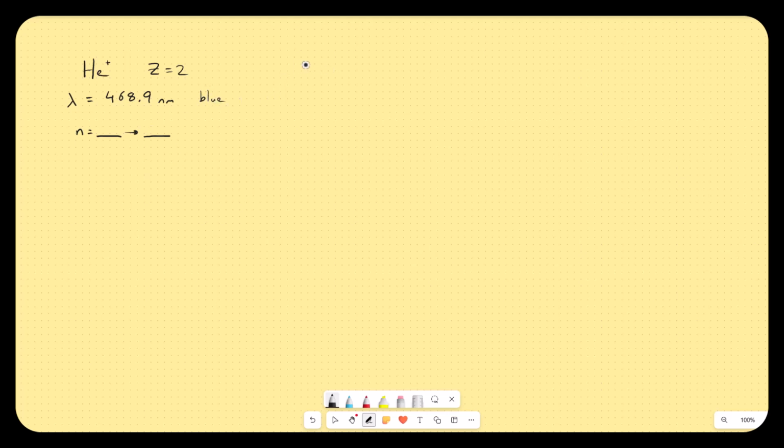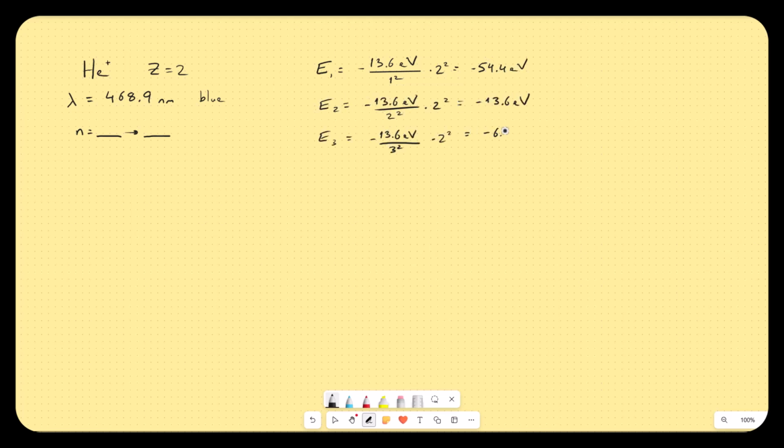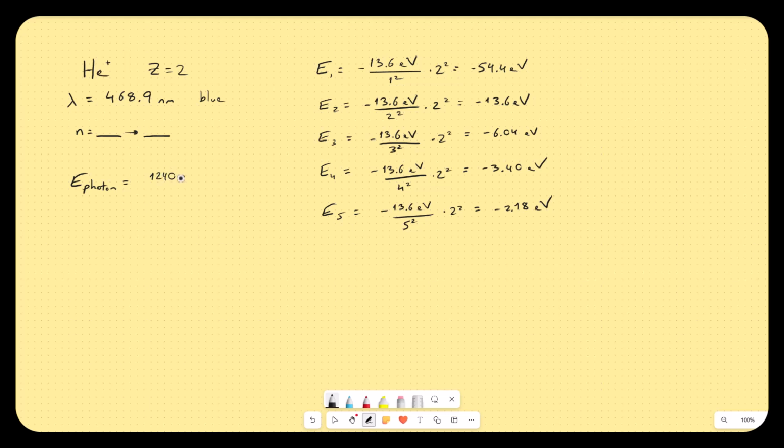So now I want to try this. I'm going to just write out some of my energy levels. Let's see where this lands. So I want to find my photon energy first, and I'm going to continue to use this 1240 eV nanometers because it is really convenient.